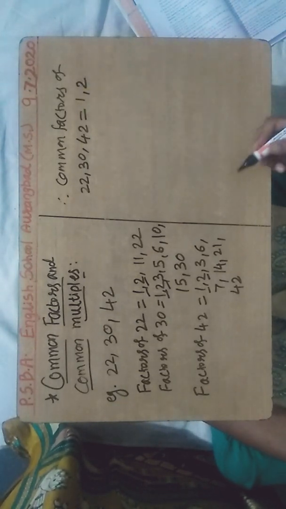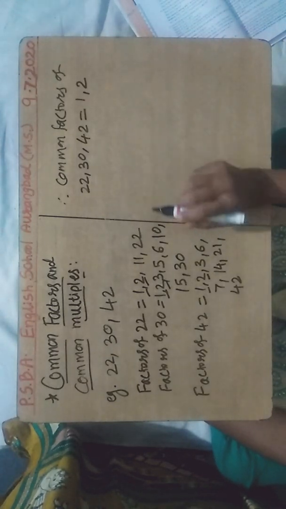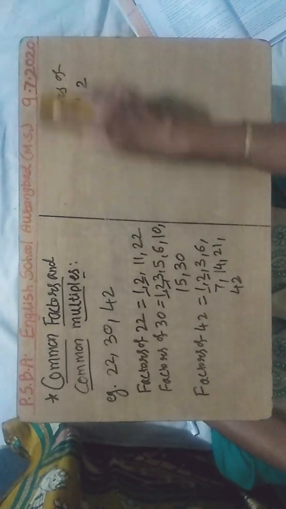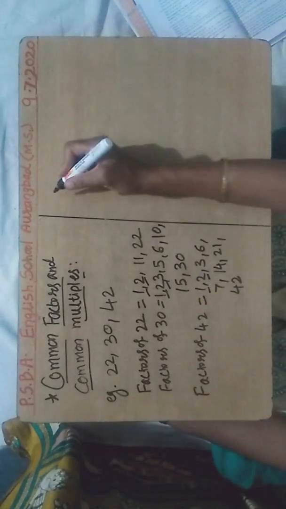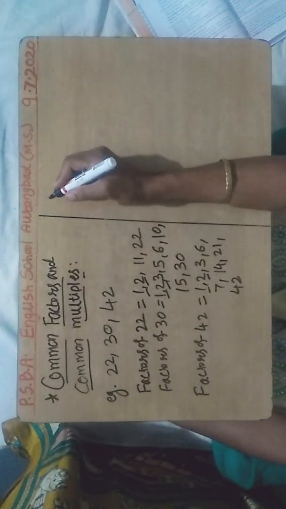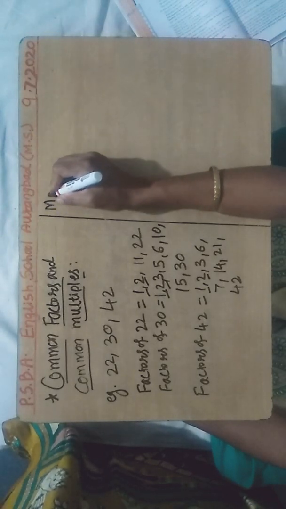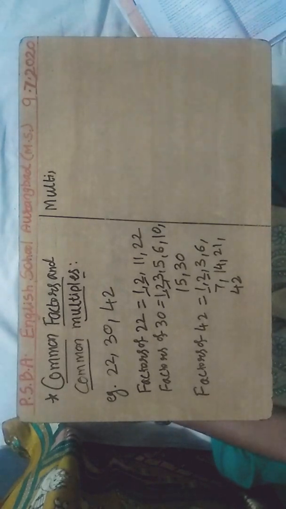Okay, so this way we can find the common factors, right? Now the next topic is common multiples. We know the multiples. If I want to find the common multiples of given three numbers, we know how to find the common multiples of two numbers. So I will write here common multiples.